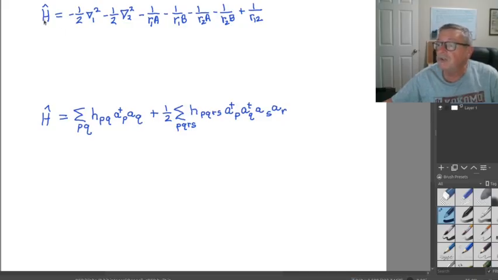Here's what's called the first quantized Hamiltonian, which you should recognize. It has the Laplacian operators and the attraction terms for each of the 2 electrons on the 2 protons A and B, and then it has the repulsion terms between the 2 electrons. So that one should be familiar to you.